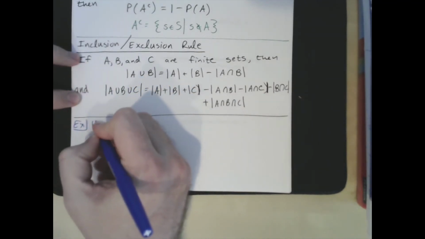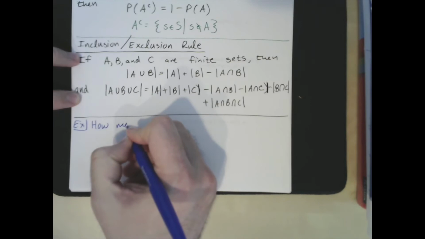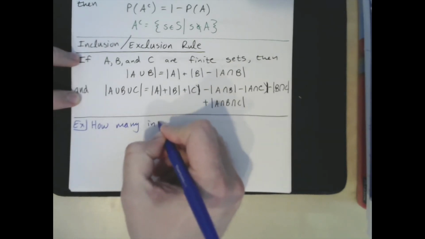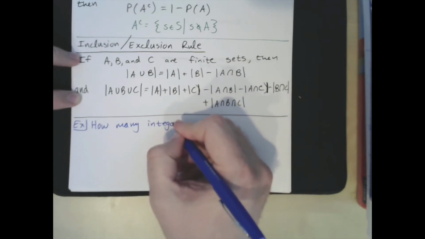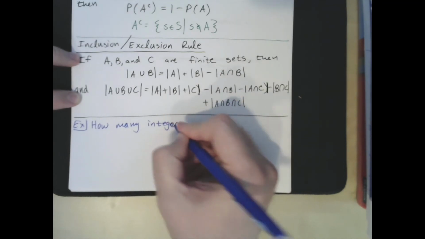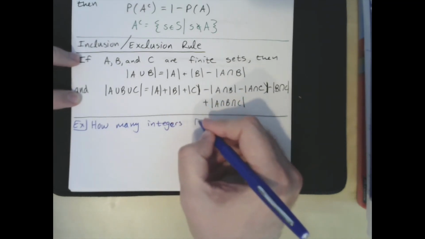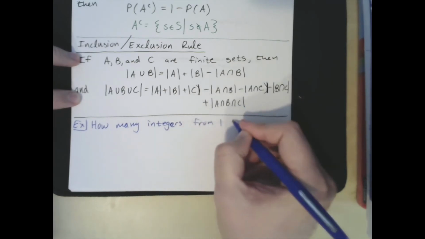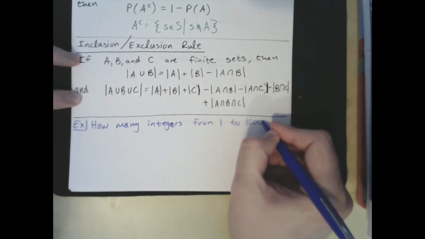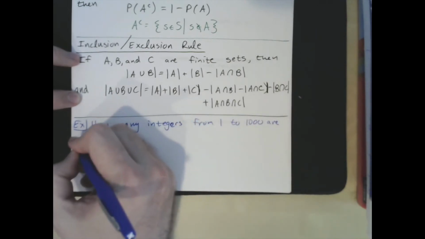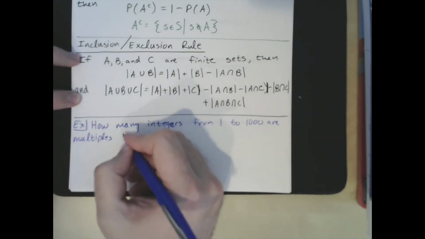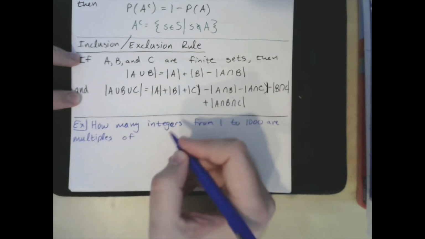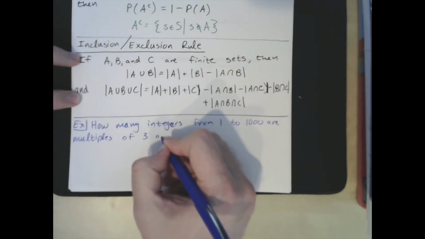So let's look at how many integers from 1 to 1,000 are multiples of 3 or 5.